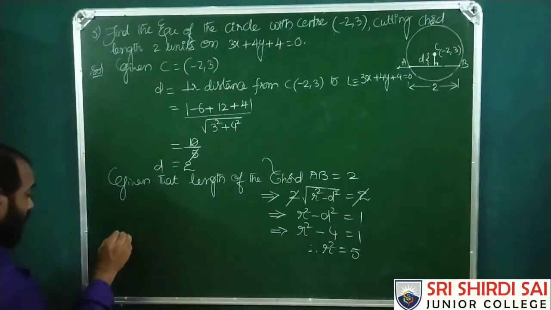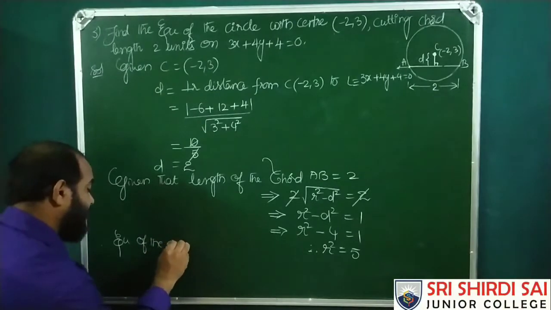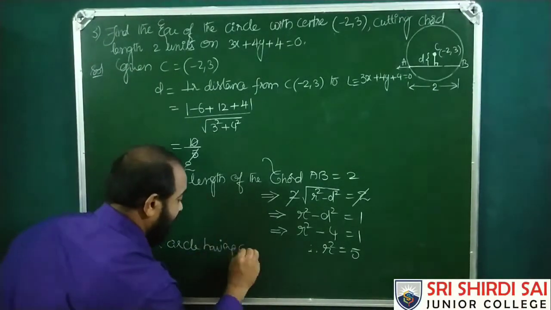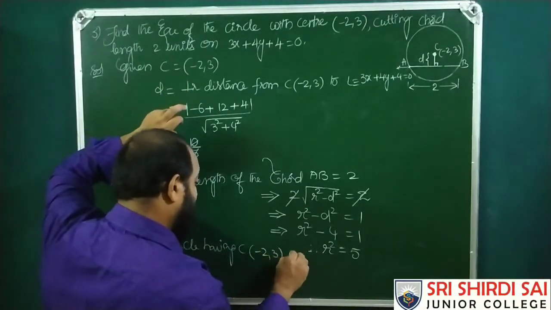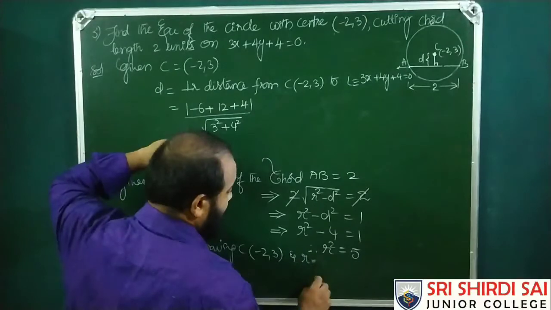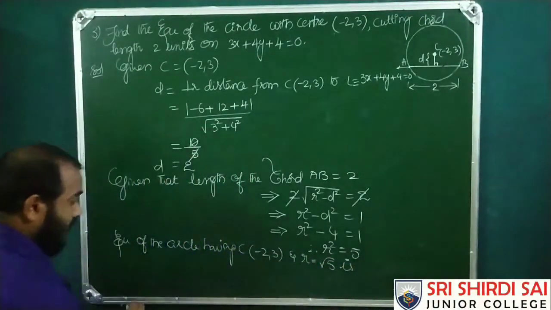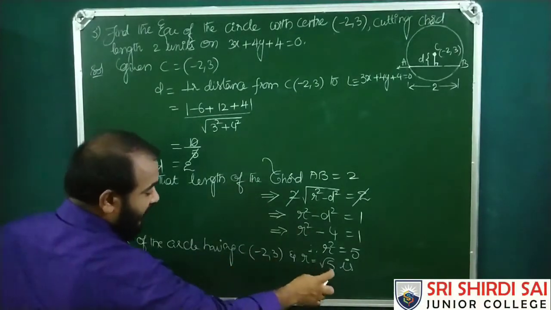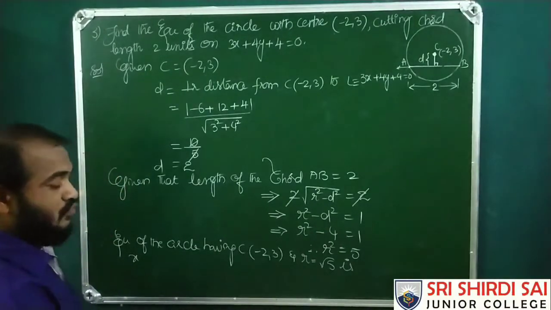Therefore the equation of the circle having center C = (-2, 3) and radius root 5: with center (h, k) and radius r, it is (x - h) whole square plus (y - k) whole square equals r square.